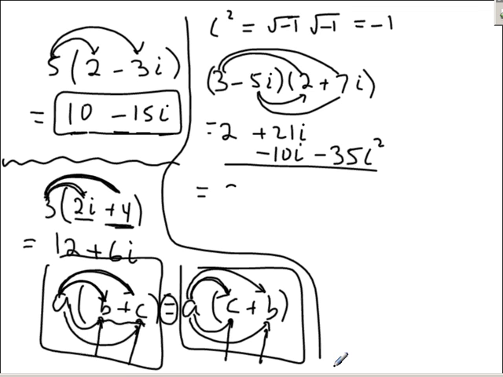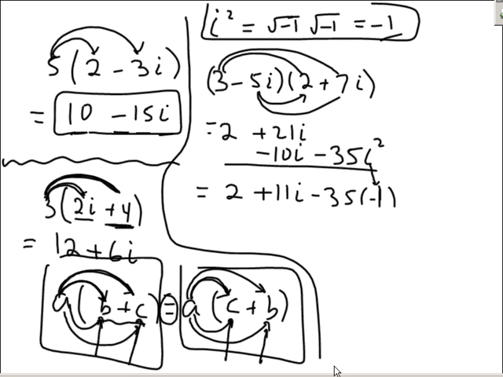Adding this, we get 2 plus 11i minus 35 i squared. But i squared is negative 1. So it says at the very, very top, i squared is negative 1.